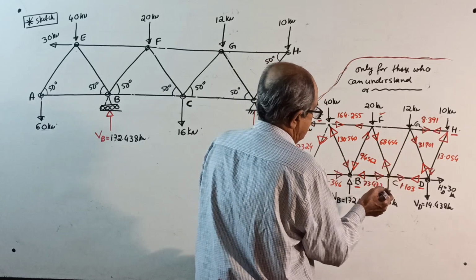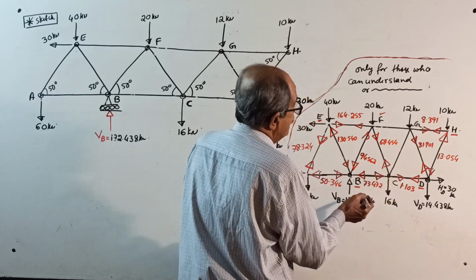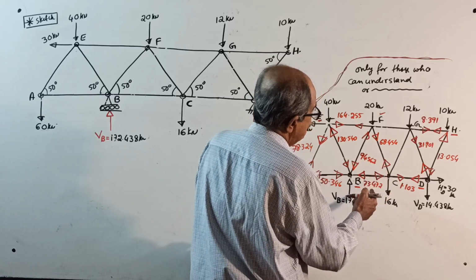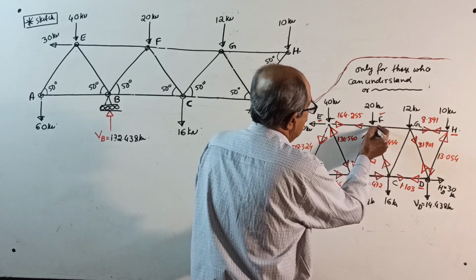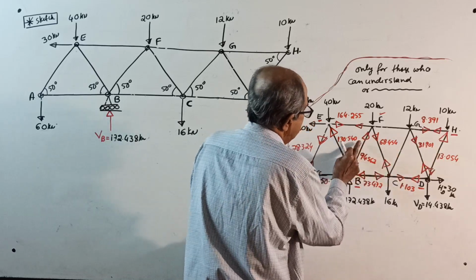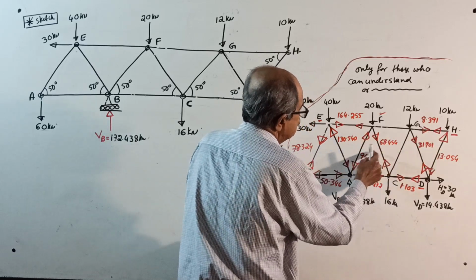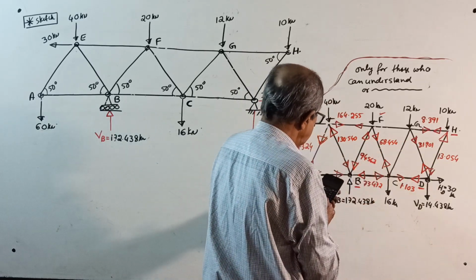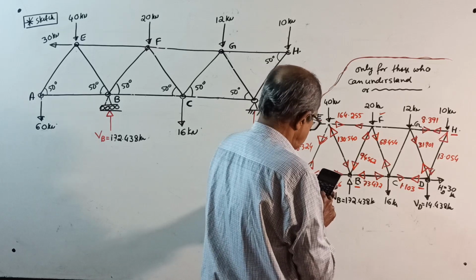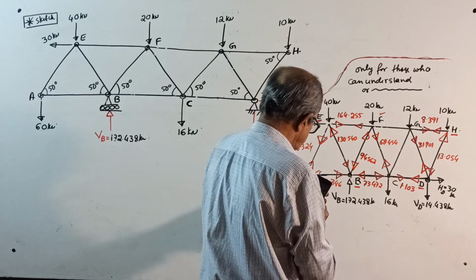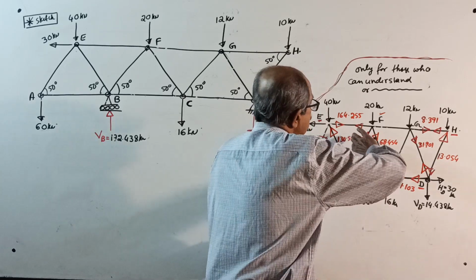Okay, now with joint G, the joint is already over. Now at F I am doing horizontal forces. This has a right component, this also has a right component. Both are the same angle, so I will add those two: 94.562 plus 68.454. Combined, those two into cos 50 will give me 104 this way.